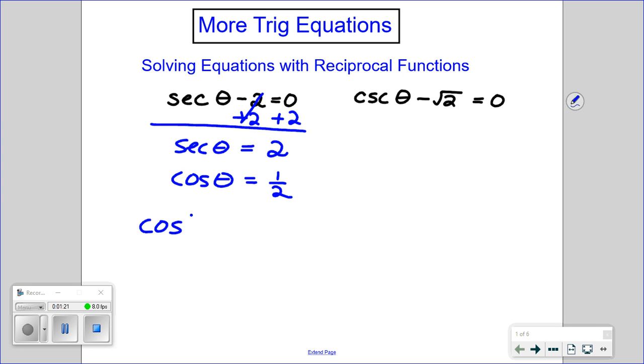We're going to use our inverse trig function to solve for theta. We're going to go to our unit circle and think where, meaning which angle, is cosine 1/2, and that is at pi over 3. And then because we're solving for cosine, we're going to put plus minus in front of it and then add the 2n pi.